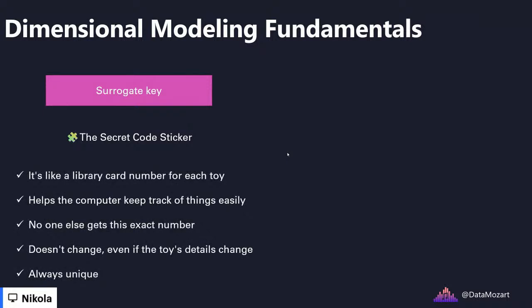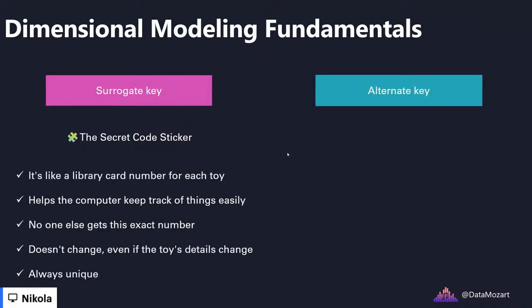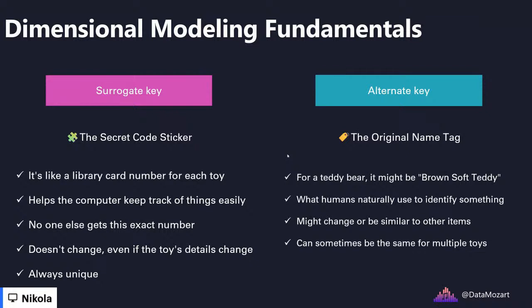Okay? And then we have another key, which is called the alternate key. This is the original name tag, the original tag that came with a toy, like its name or description and so on. For a teddy bear, think of, for example, brown soft teddy. This is something that we as humans usually use to identify things when we talk about them. However, this might change, or it might be similar to other items, or what's even worse, can sometimes be the same for multiple toys.